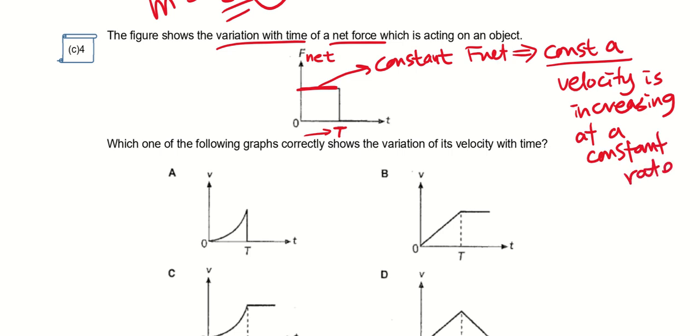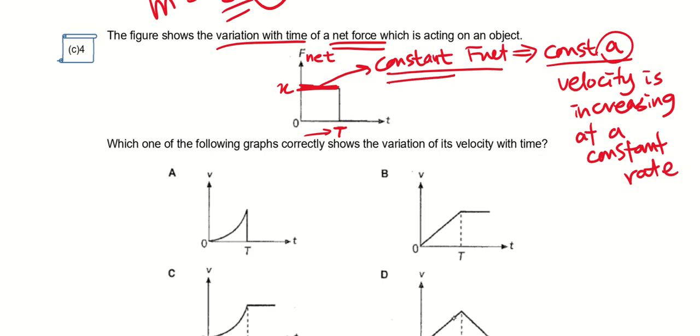Okay, so let me do this one more time. They are saying that this is a graph that shows the variation of Fnet acting on an object versus time. So I see from here, from 0 to t, it has a constant Fnet. You can see that the value is of a certain value. So constant Fnet, then what must you think of? If there's Fnet, there must be acceleration.